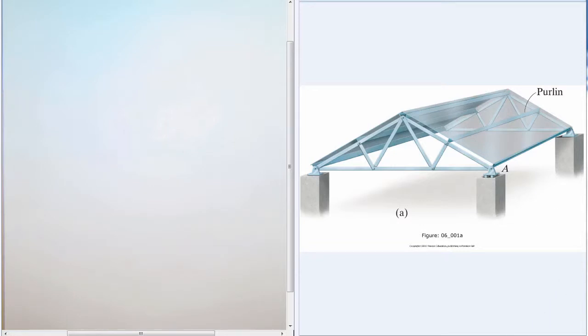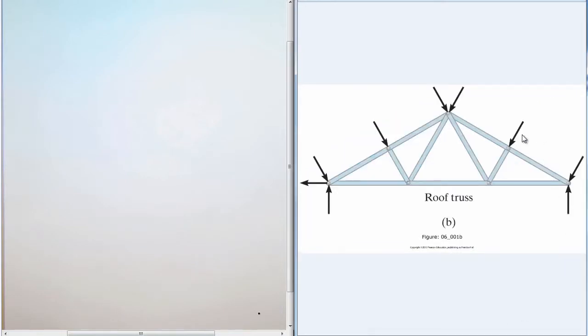Here we have a picture of a roof, and it's supported by a truss at each end, and the load from the roof surface gets transferred to the truss by these purlins, these horizontal members, and the purlins are attached at the joints for the truss. So that fits with our assumption that the loadings are applied at the joints. So here's a figure showing that.